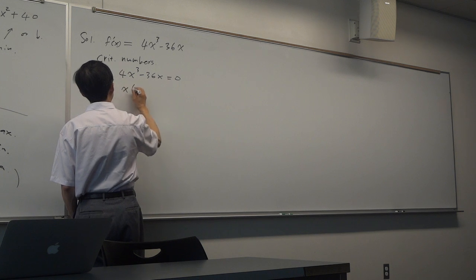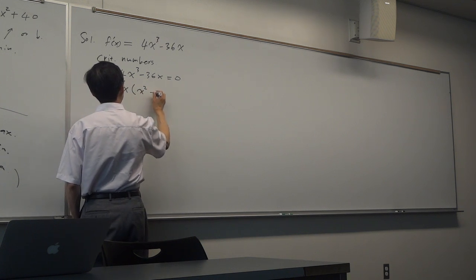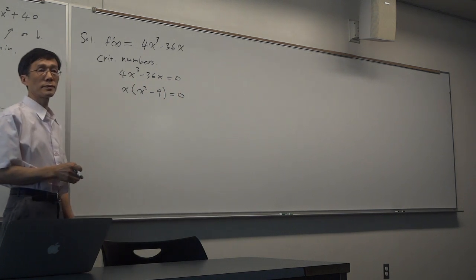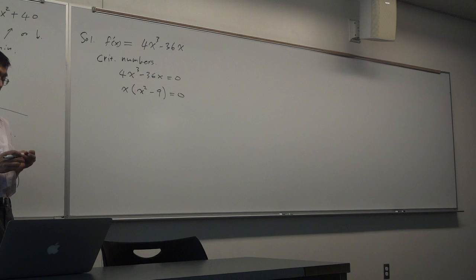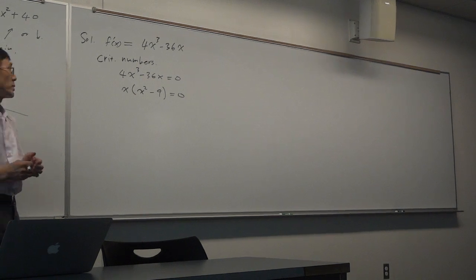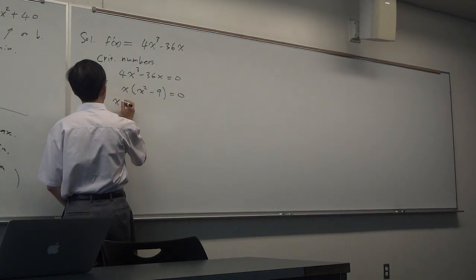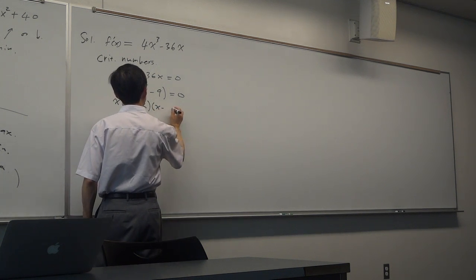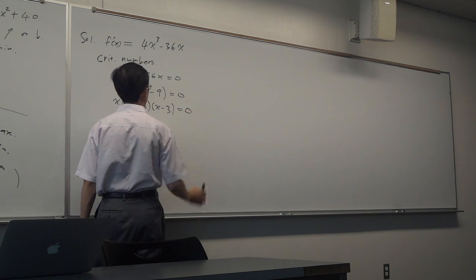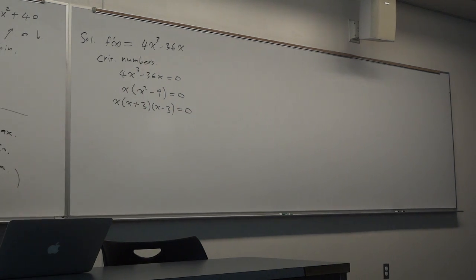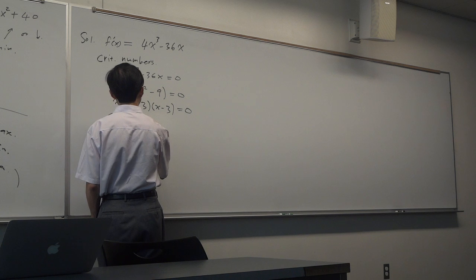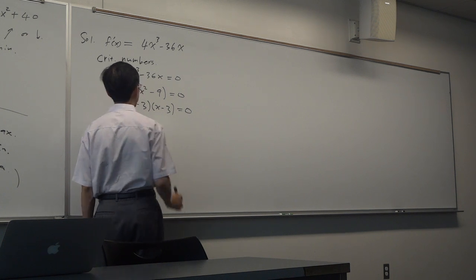So you get x times x squared minus 9 equals 0. Is that okay with us? And this can be factorized into x times x plus 3 times x minus 3 equals 0. Therefore, you get 3 critical numbers. The critical numbers are x equals 0 and x equals plus or minus 3.